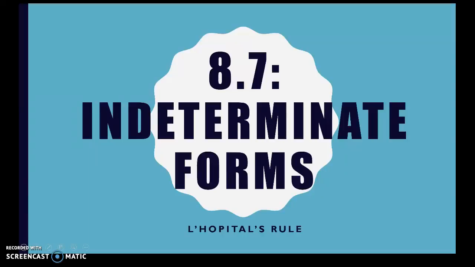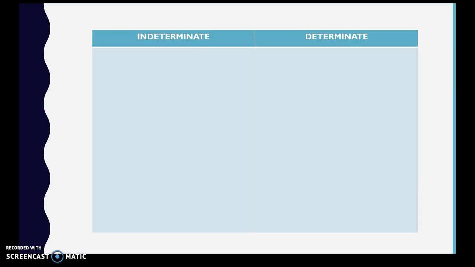All right, indeterminate forms and L'Hopital's rule, which I believe we had talked about. You studied a little bit last year. L'Hopital's rule is used when you're attempting to find a limit, and the limit results in an indeterminate form.